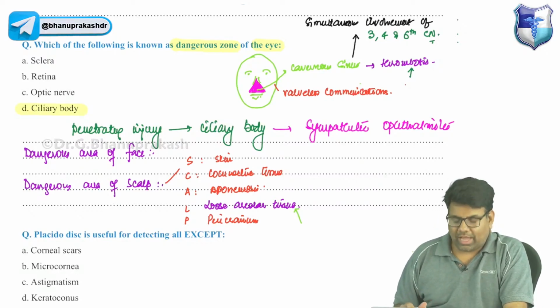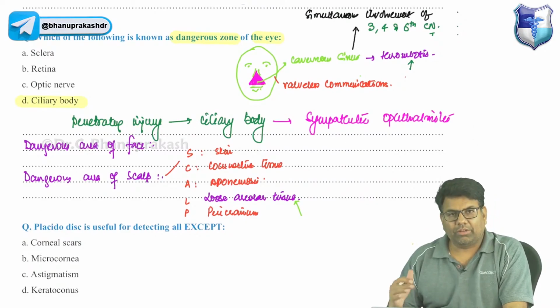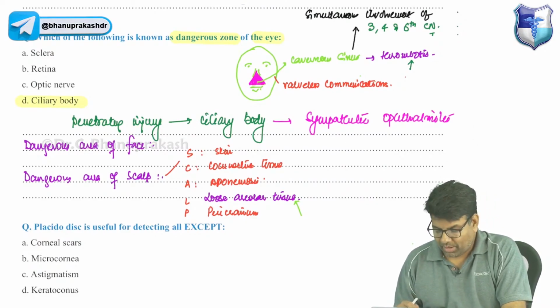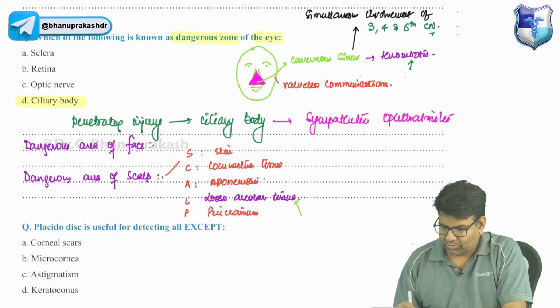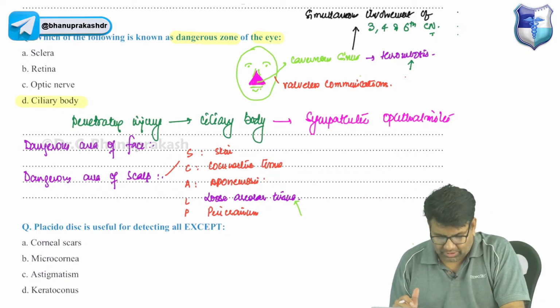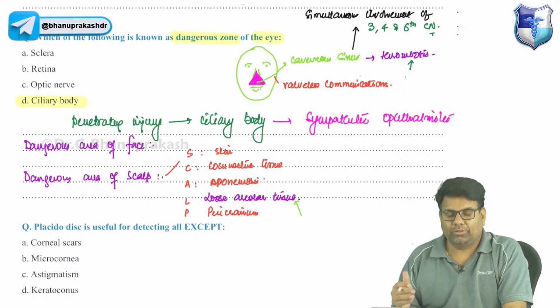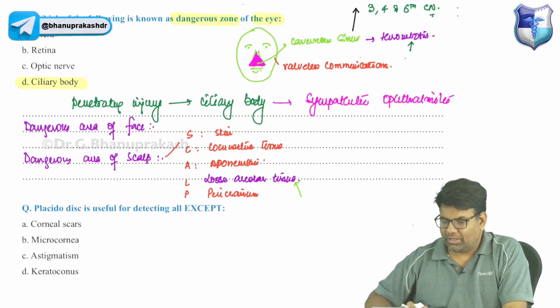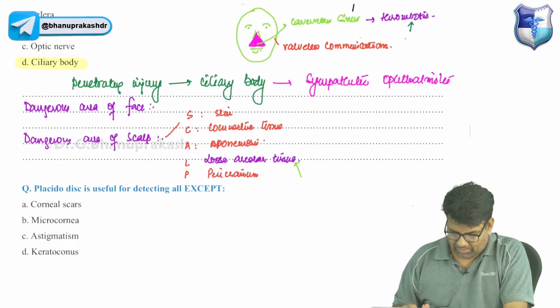So this loose areolar tissue is the dangerous area of the scalp, because the intracranial veins communicate with the extracranial veins, and if there is any infection in this particular area, it can directly go inside the cranium, right? So that's why we consider it a dangerous area. The infection can move inside the cranium. Okay, so please remember these dangerous areas of the body: eye, face, and scalp.